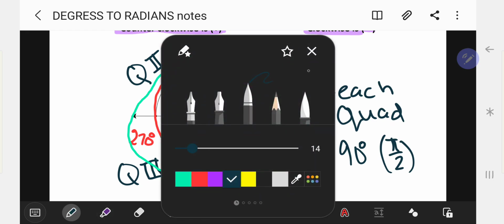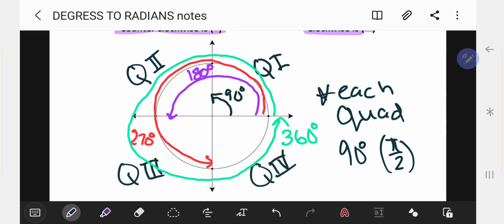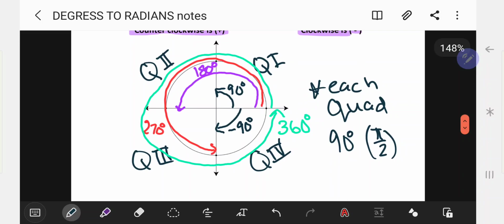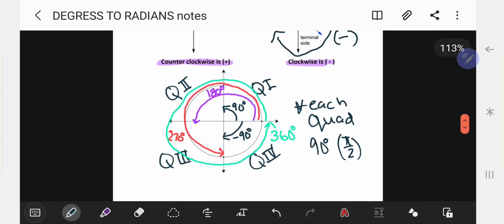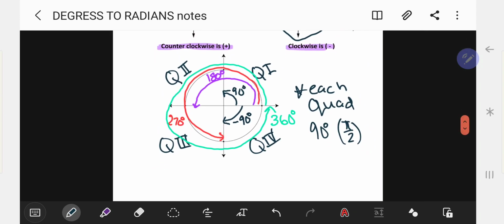The same situation would happen if I was going in a negative direction; this would be negative 90 degrees, and the same in the opposite direction. So that's talking about quadrants. Now that we know that tidbit of information, let's do some examples where we have to find measurements on this coordinate plane.